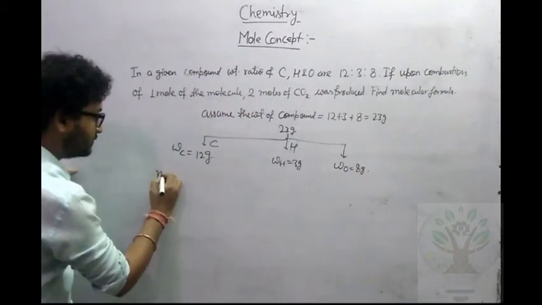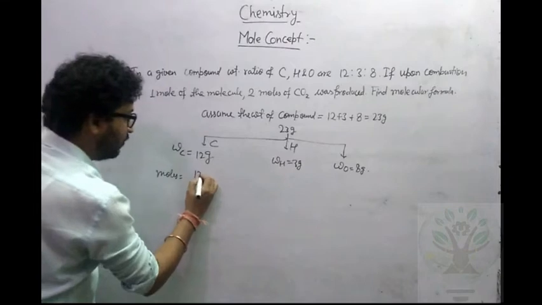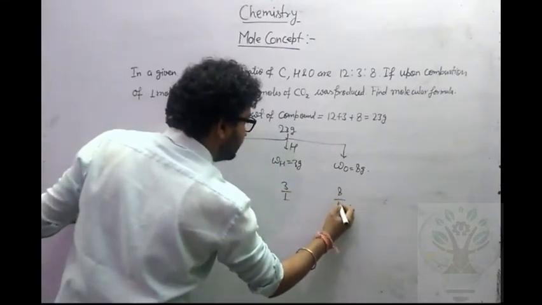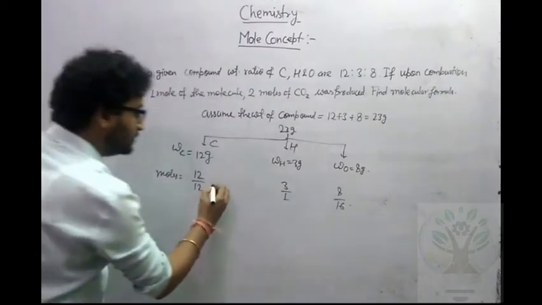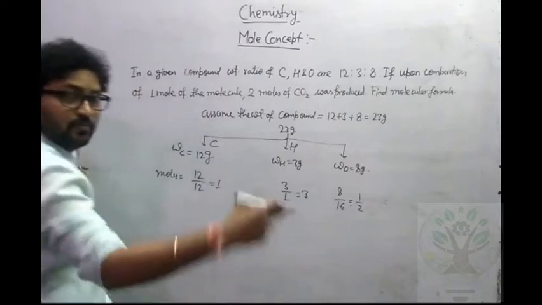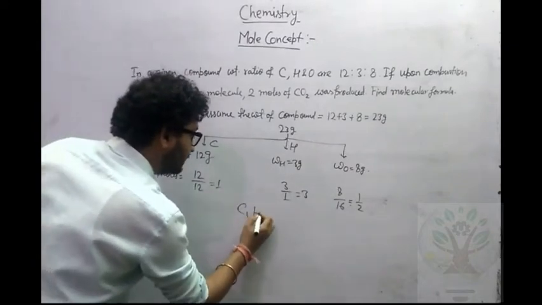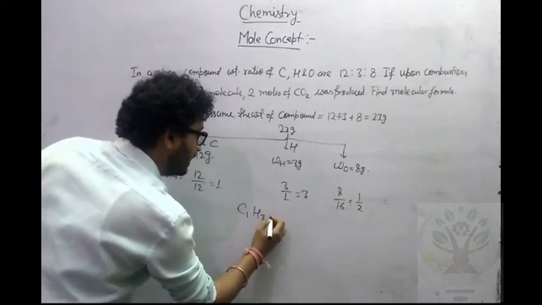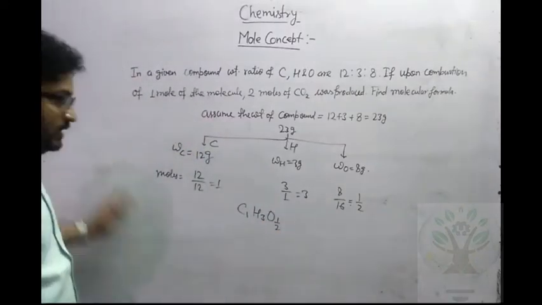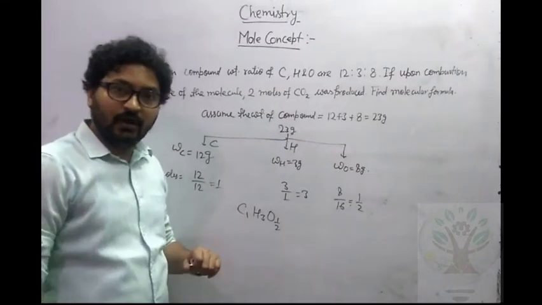Next step, moles. So moles will be what? 12 upon 12 here, 3 upon 1 here, 8 upon 16. This is how we find moles. So it will come as 1, 3, 1 by 2. So the empirical formula will be C1H3O half.